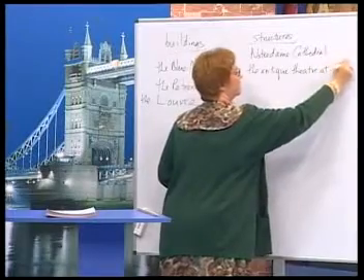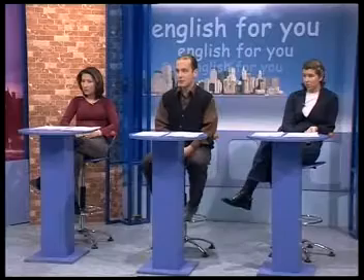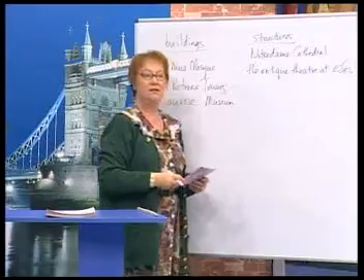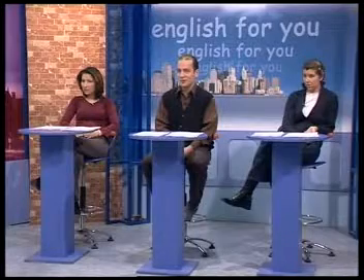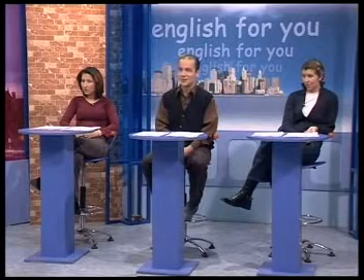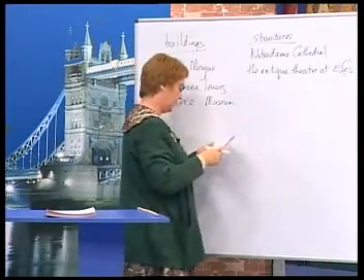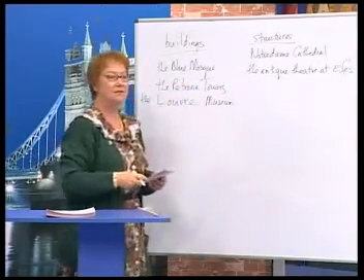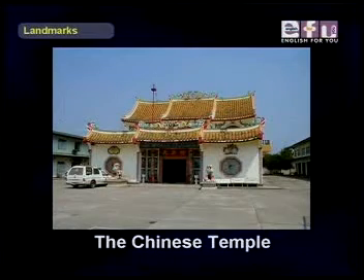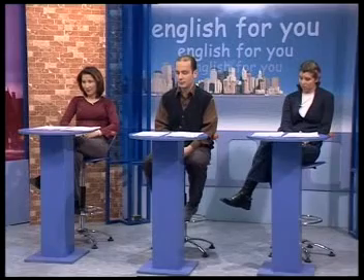Where's Efes? Efes is in Izmir. And where's Izmir? Izmir is in the western region of Turkey. So Efes is in Turkey. Okay, and Susan? The Chinese Temple. All right, and where is the Chinese temple? It is in Malaysia. Yes, of course.